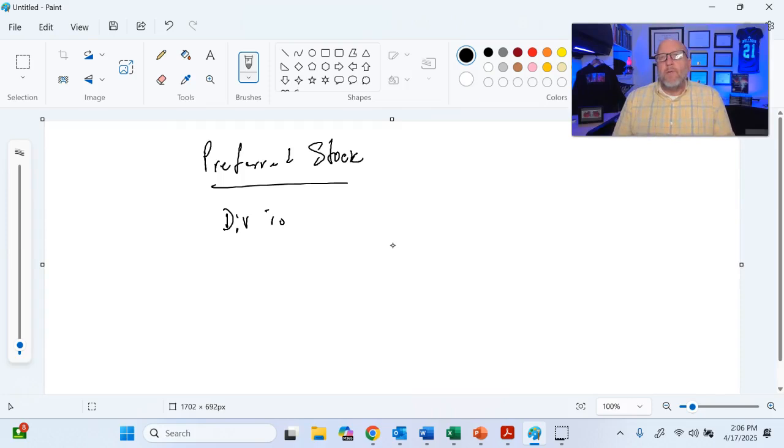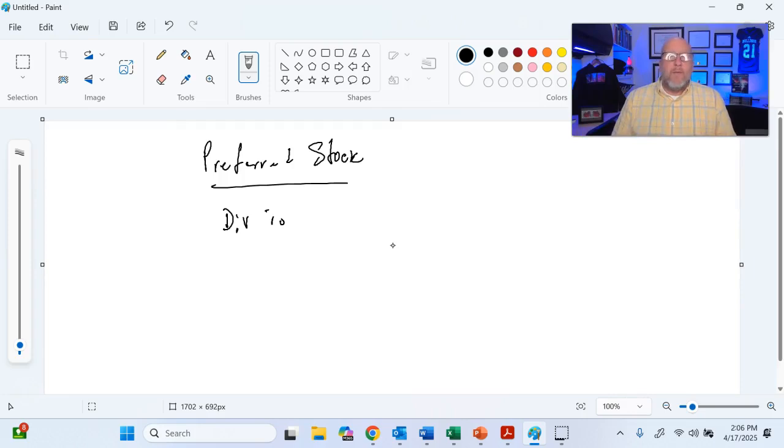The nice thing about being a preferred shareholder is if we declare dividends and don't have enough to go around, the preferred shareholders get their dividends first. If there's anything left over, it goes to the common shareholders.